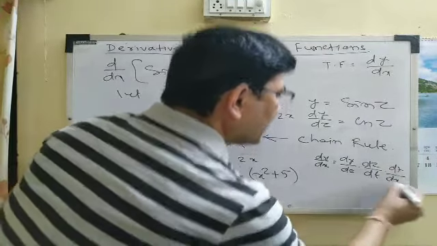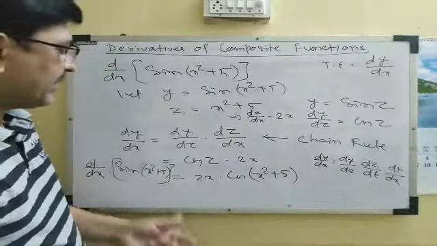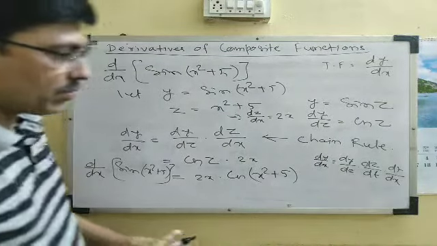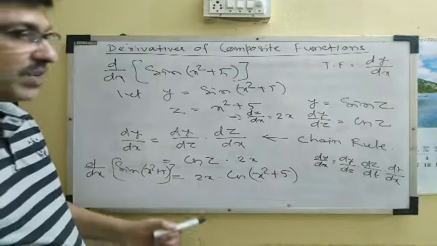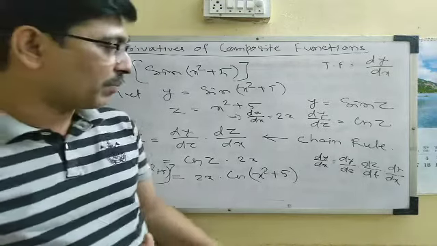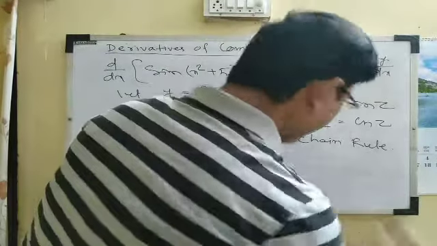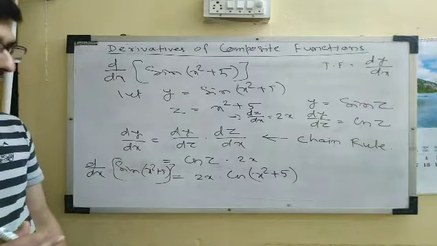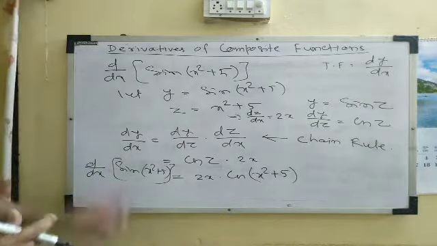In this way we can extend. It depends upon how many functions are composite. So if we have to find the derivative of a composition of three functions, then we can use this rule. Okay, this is the way to find the derivative of a function of a function or composite function, and this rule is known as chain rule.